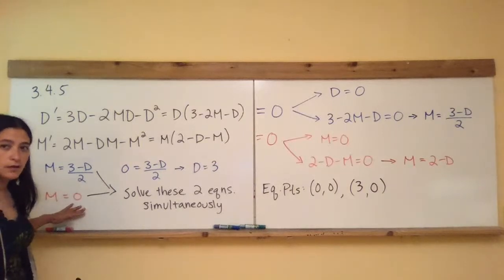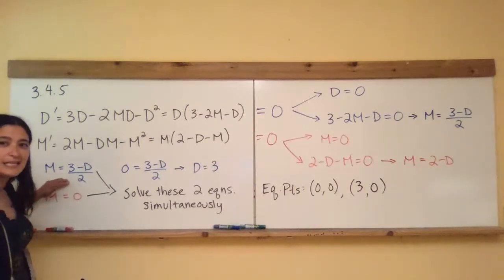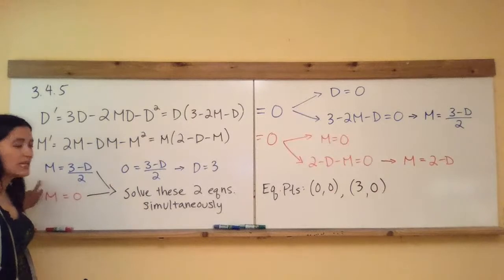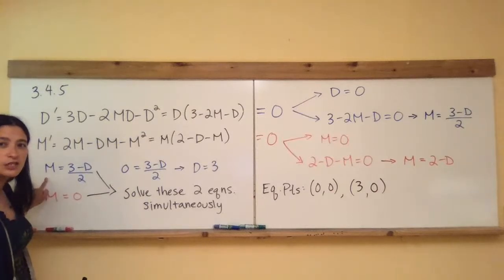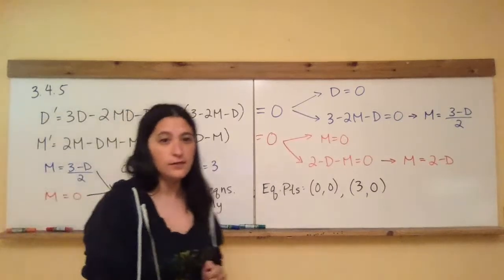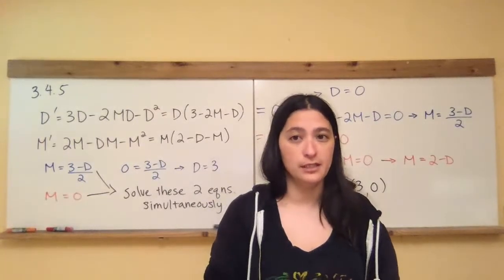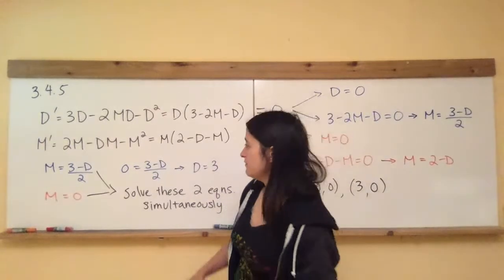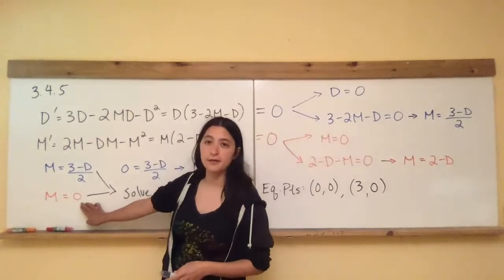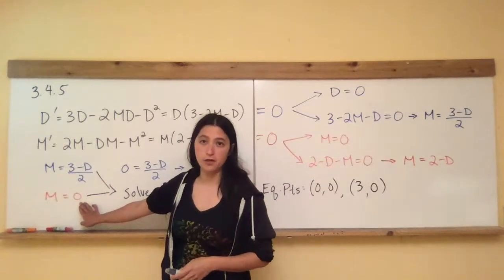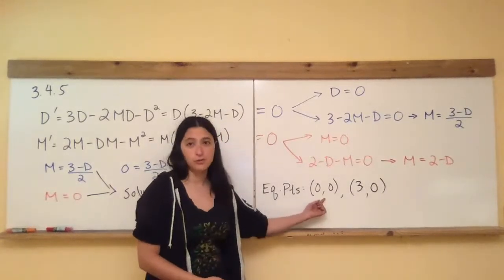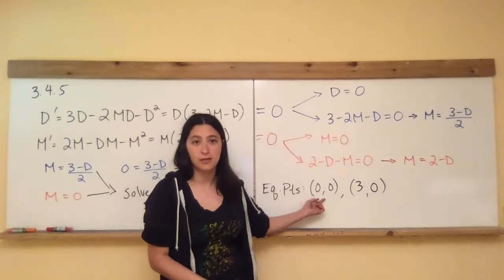But in order to solve this one at the same time, I have to replace the letter m in this equation with the assumption that m is 0 that comes from the second equation. So that's what we're doing, and it's not true that we're setting d equal to m, because like I was saying, if I did implement d is equal to m here, the fact that m is equal to 0 would lead me back to 0, 0, because then d would also be 0, okay?